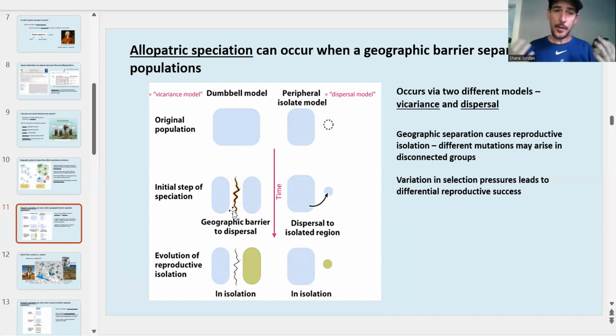If this geographic barrier persists for long enough, and the genetic differences on either side of the barrier start to accumulate for long enough periods of time, and the environmental differences also start to add up, where selection's not quite operating in the same way on either of these 2 populations, then we might see a situation where there's very strong reproductive isolation between these 2 different groups.